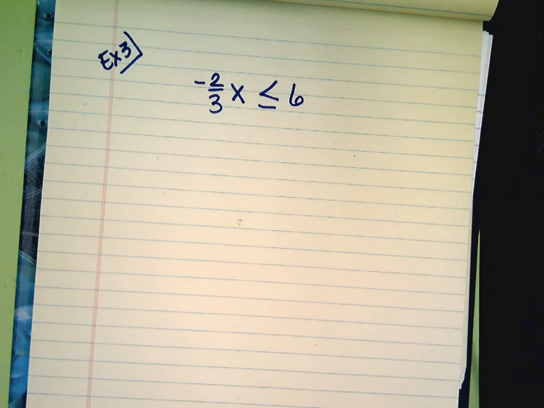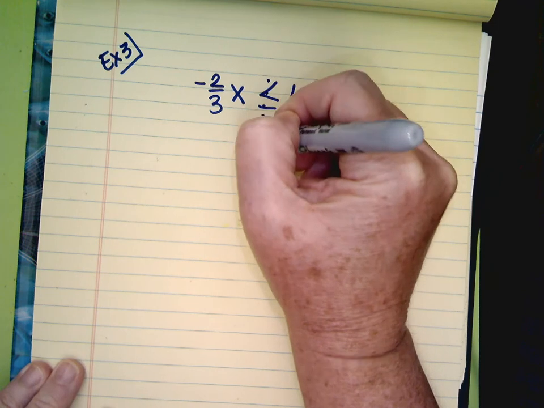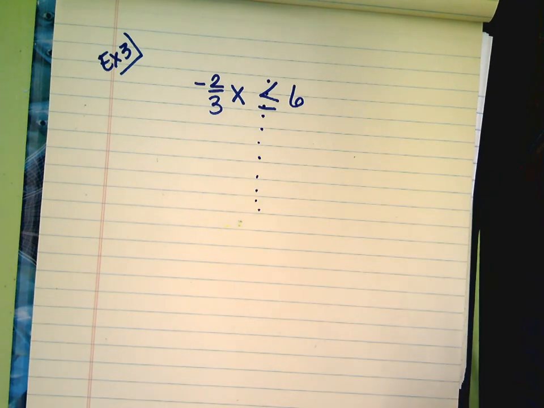negative 2/3 x is less than or equal to. So write that down. And let's talk about, first of all, you've got multiplication going on in this problem, but they're multiplying by a fraction. So what is it that you need to do, Miss Dennis?